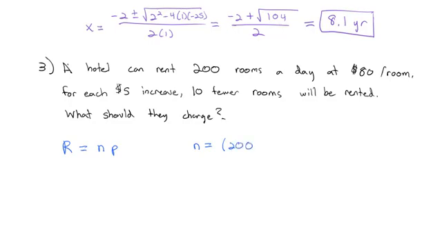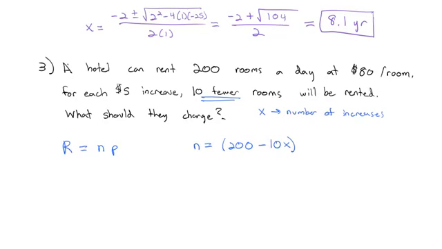But for every time I do a price increase, let's say x is going to be the number of increases. Every time I do a price increase, we get 10 fewer rooms. So I'm going to subtract 10 for every one of those increases.